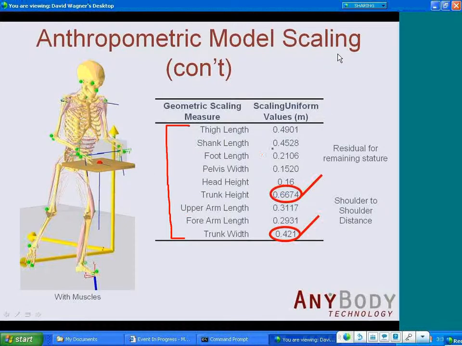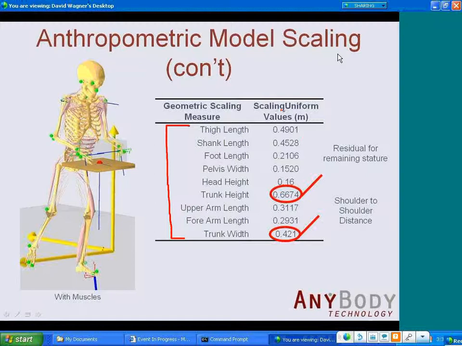We initially started with that, plugged in the values that we measured from traditional anthropometric measurements, and attempted to scale the model initially that way using the uniform scaling, versus one of the fancier scalings by body mass percent weight, simply because we did have the measurements of each of these joint center to joint center distances, so there's no reason not to use them.